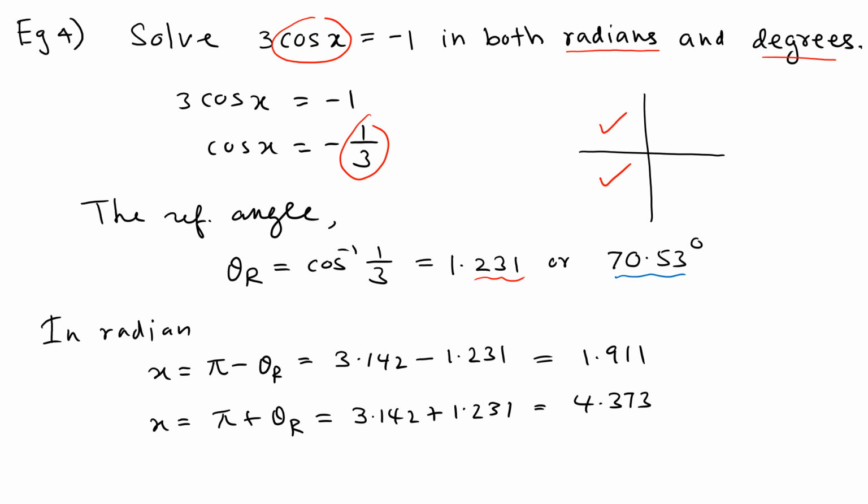So what we can do is add multiples of 2 pi to find the general solution. So in degrees, we can write this one as x equals, in the second quadrant, 180 minus 70.53, which simplifies to 109.47.